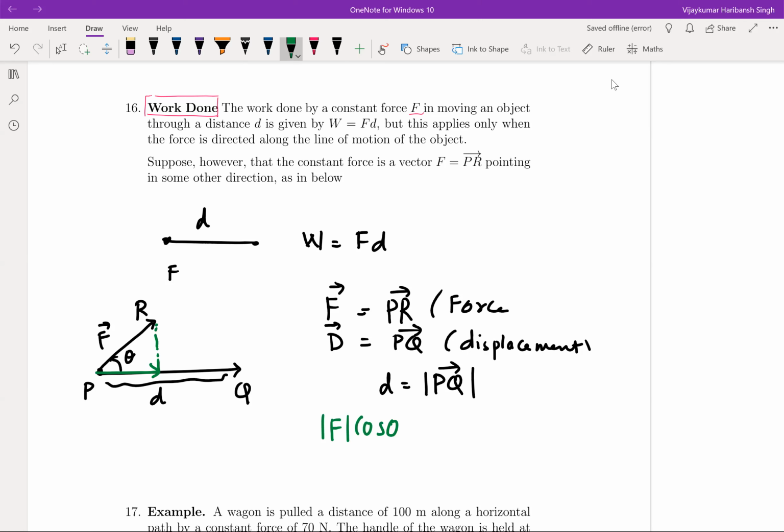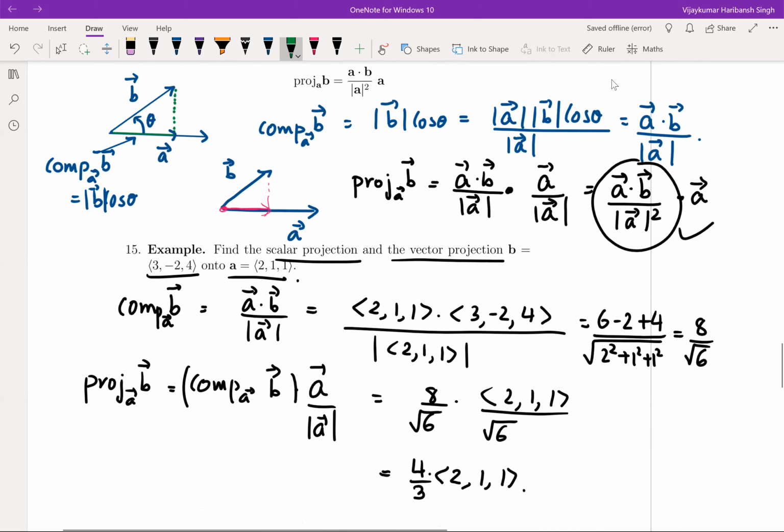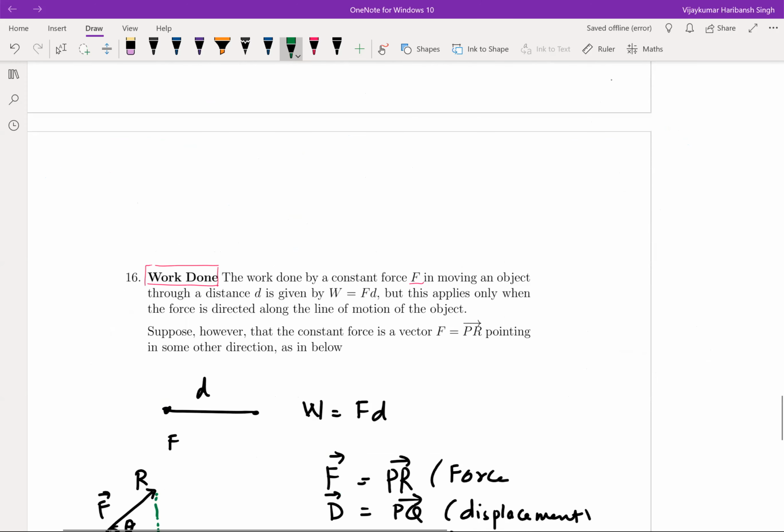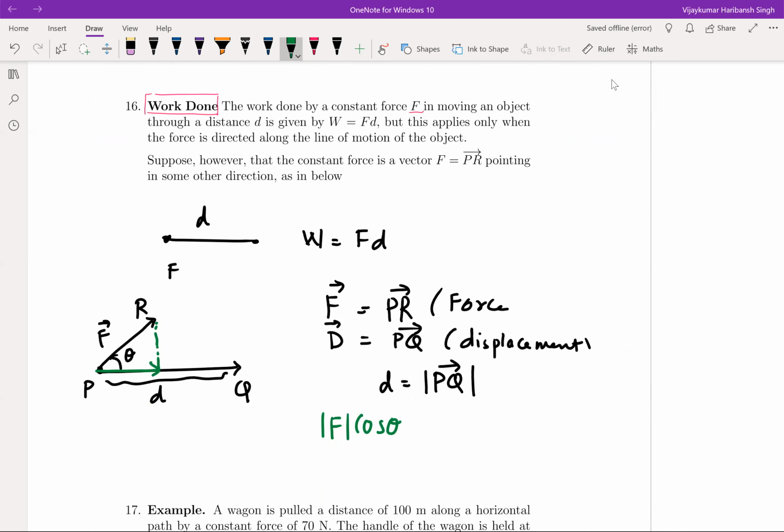Because we are looking at the component of vector B along A. In this case, it's the component of force vector along the displacement. So work done, which is a scalar, is the component of force along PQ times the displacement, which is the length of PQ.